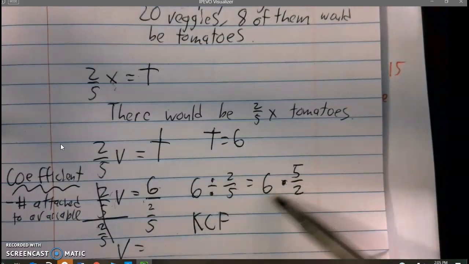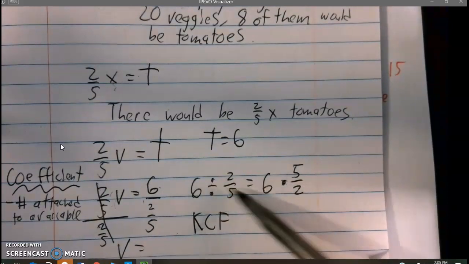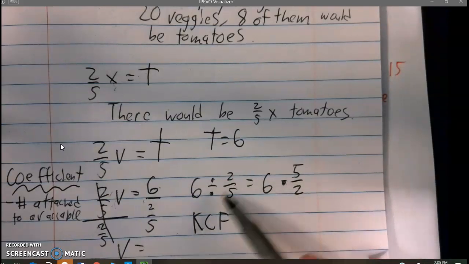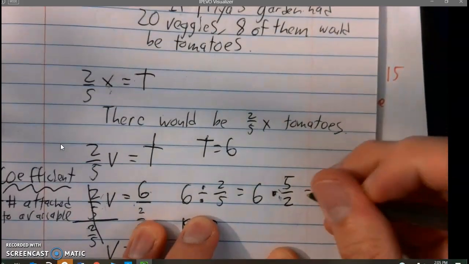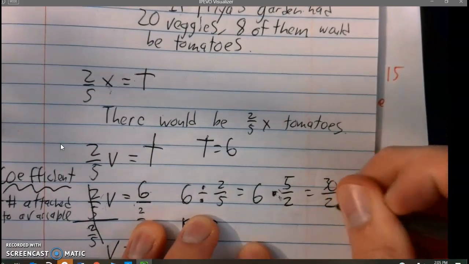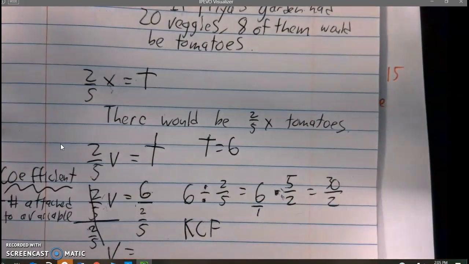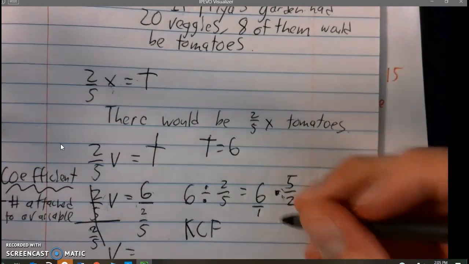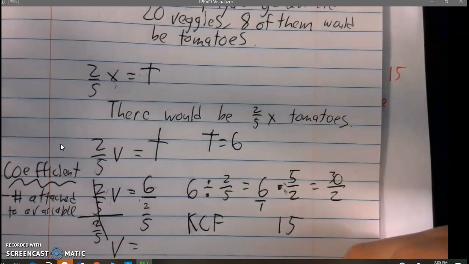They actually mean the same thing. Because we change the operation, and we change the fraction, this will get us the same work. This is just a lot easier to work with. 6 times 5 is 30 over 2. Remember, any whole number can just be over 1, and we multiply across. And 30 over 2 is 15.